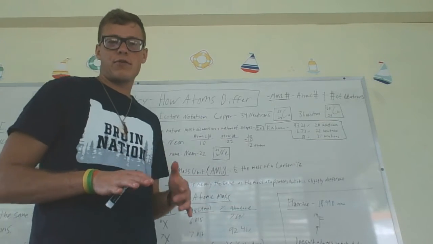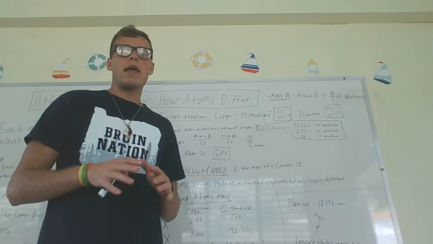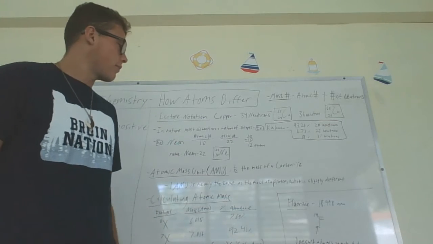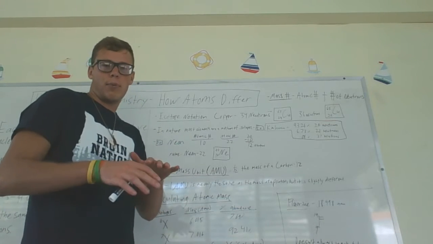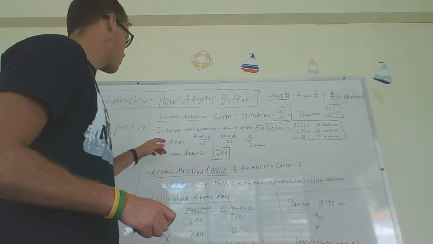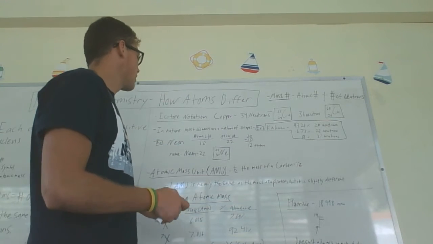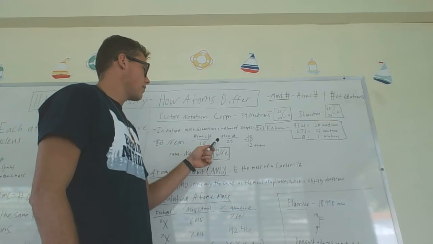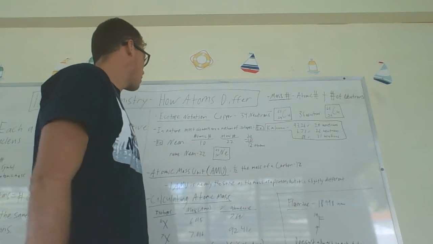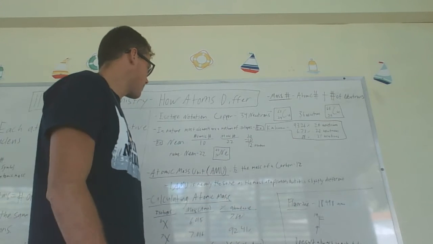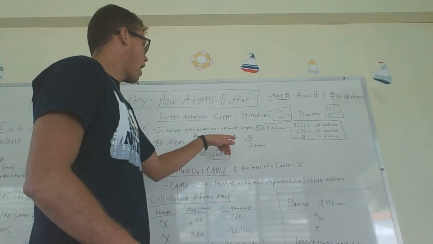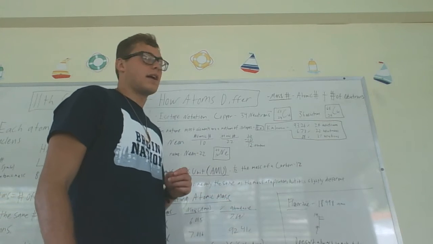You can practice. There are sample practice problems in EduSystem if you're still confused, because it walks you through a couple of them, which is what I'll do right here. So let's say you have neon. Neon's atomic number is 10. Its mass number is 22. They give you that, okay? So how many neutrons does neon have?